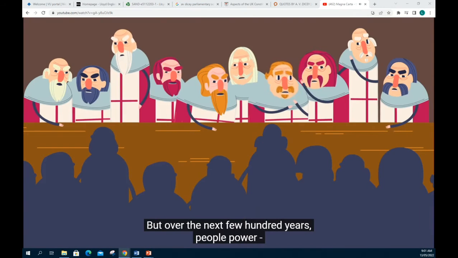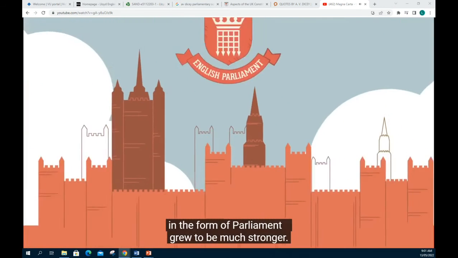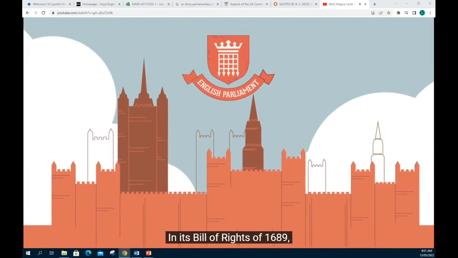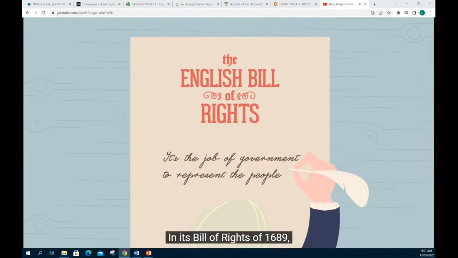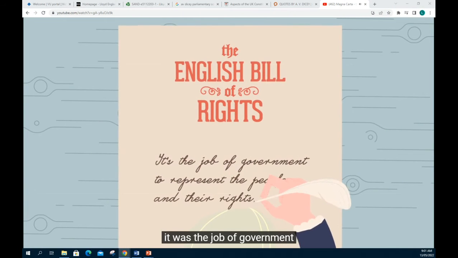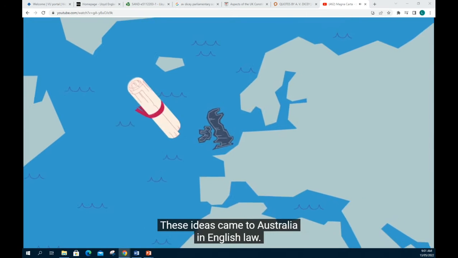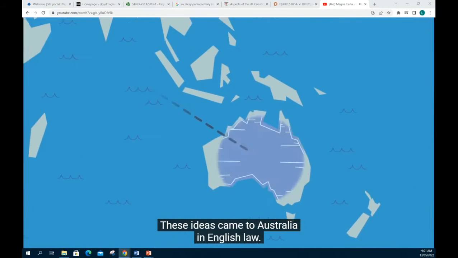But over the next few hundred years, people power, in the form of Parliament, grew to be much stronger. In its Bill of Rights of 1689, the English Parliament formally decided it was the job of government to represent the people and protect their rights. These ideas came to Australia in English law.